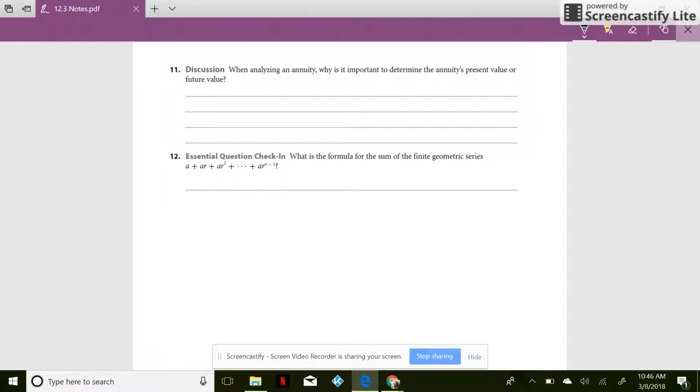When analyzing an annuity, why is it important to determine the annuity's present value or future value?